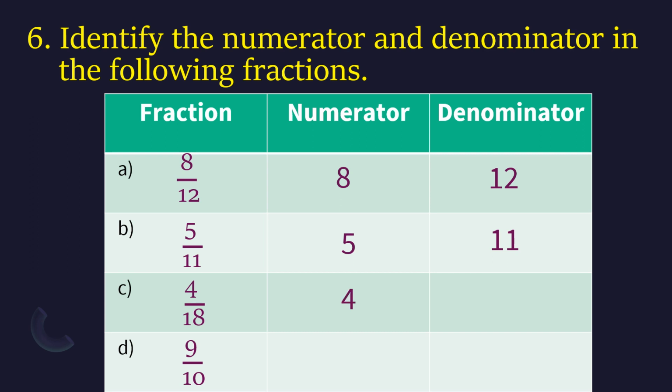So 4 is in the numerator. 18 is in the denominator. 9 and 10 is in the denominator. Denominator means the down number, which is D. Denominator is the number which is the whole.